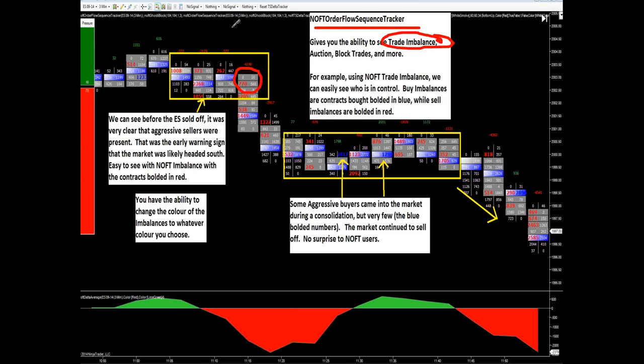I believe my setting is 300%. So let's say my setting is 300% to find an imbalance. That means one side of the market has to have 300% more contracts, or greater, than the other side of the market. In this example, you always look diagonal at these charts.